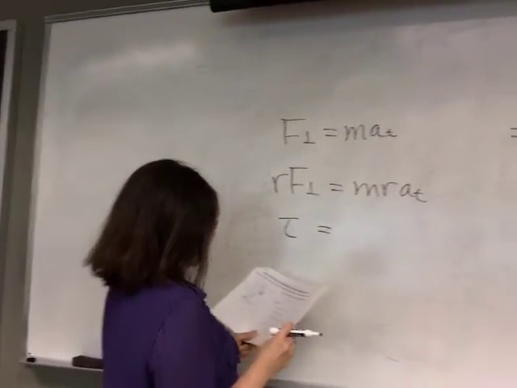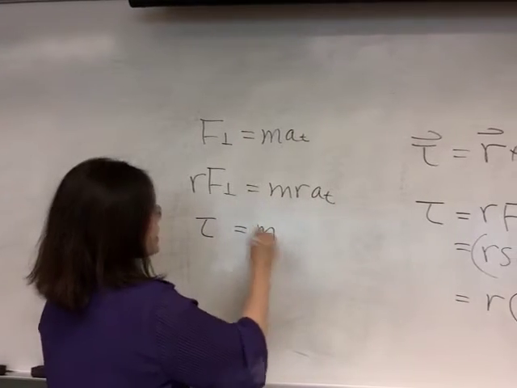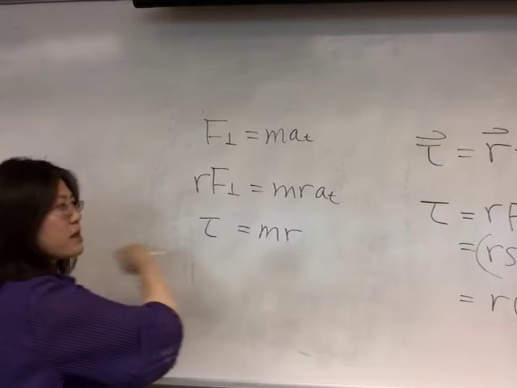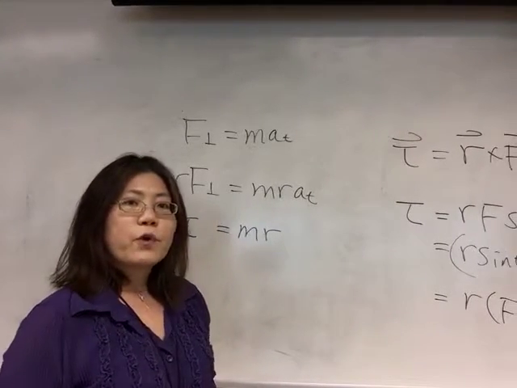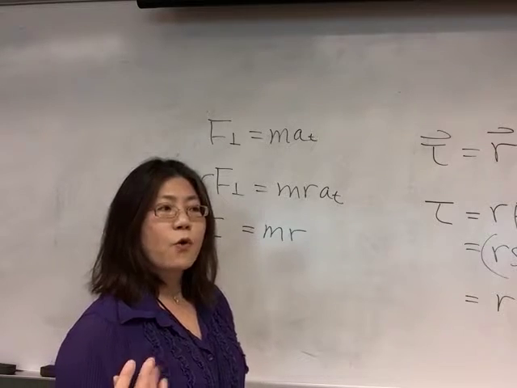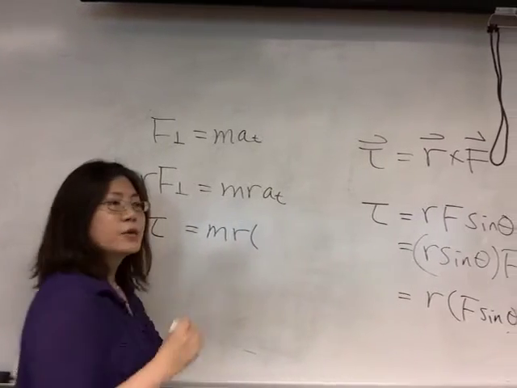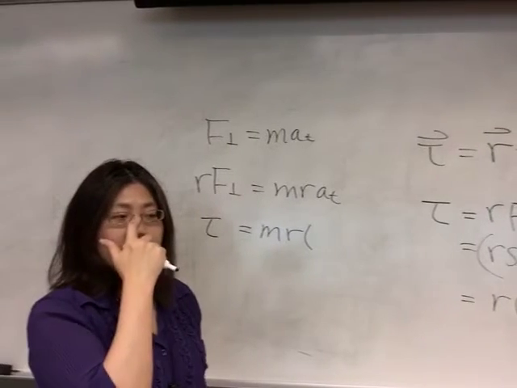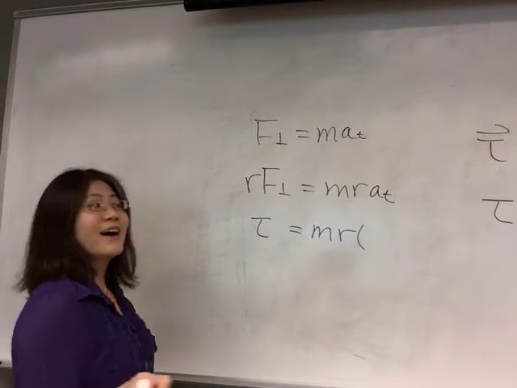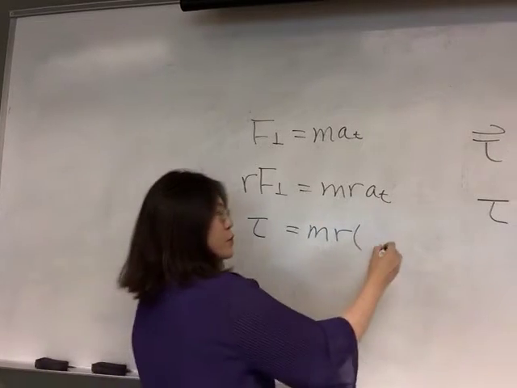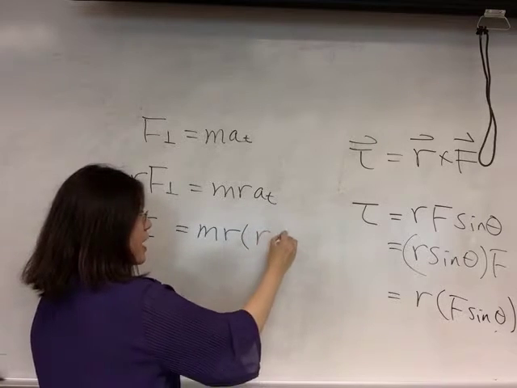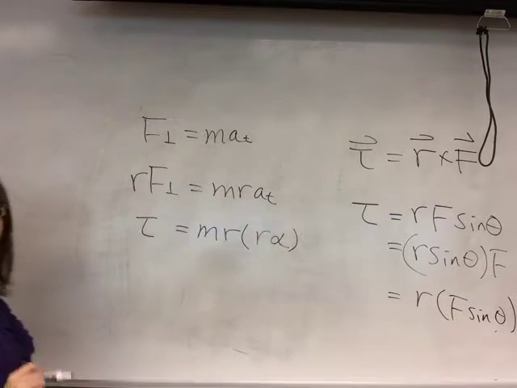On the right-hand side, what do we have? We have our mass, that's copied down. We have our r, from the multiplication. What about the tangential acceleration if we want to express it in angular form? How is it related to angular acceleration? That's a equals r alpha.